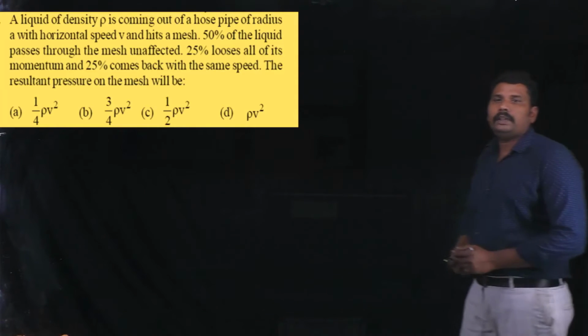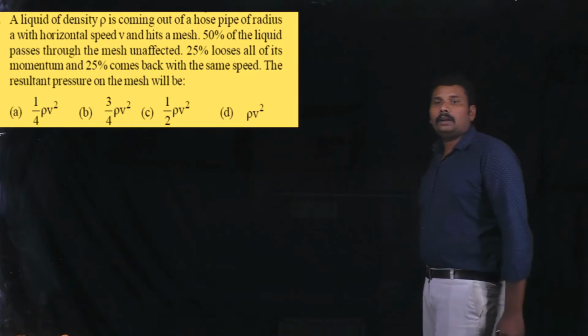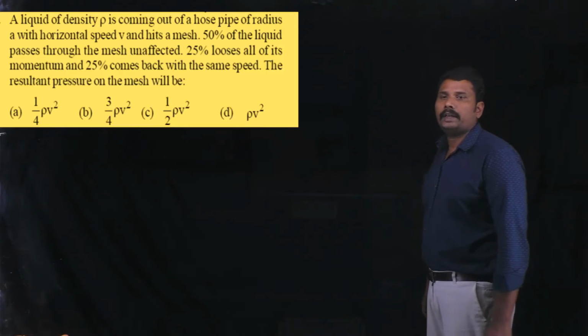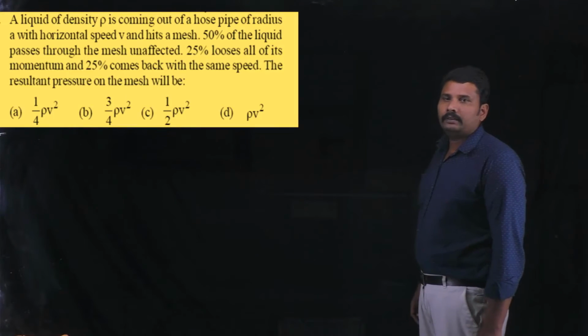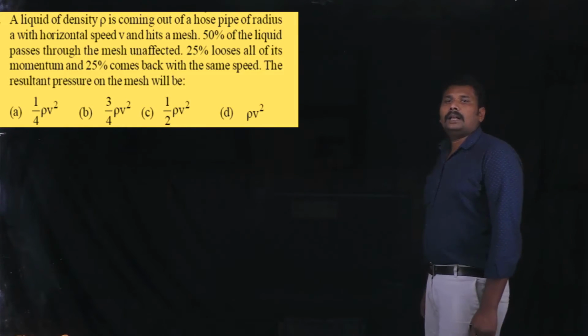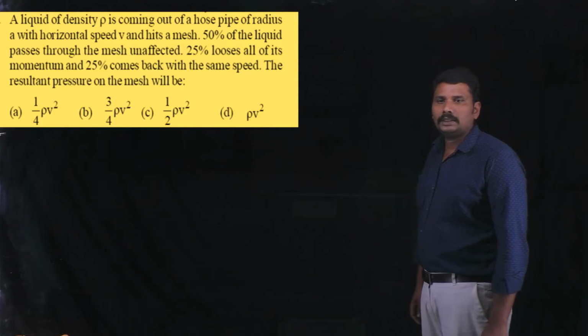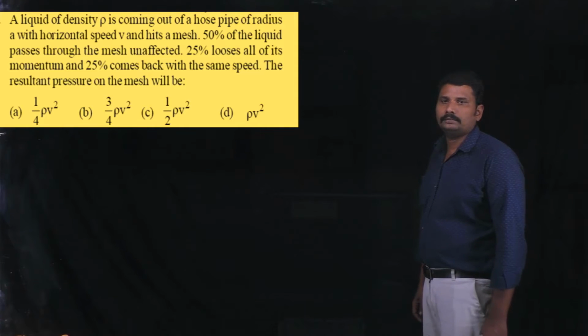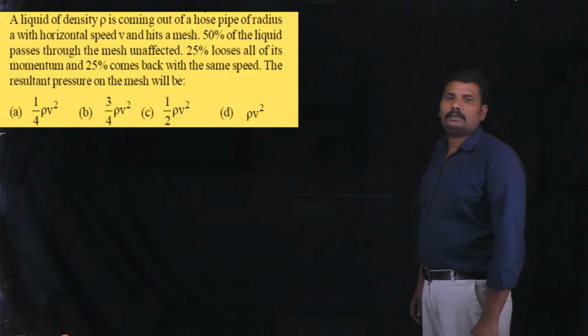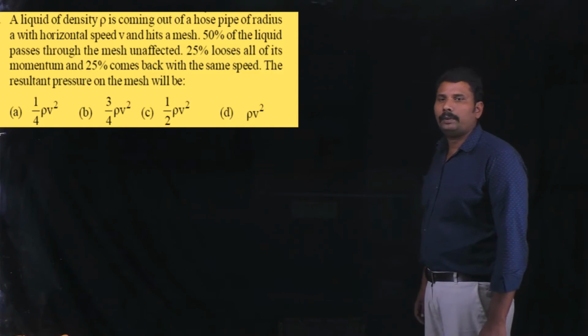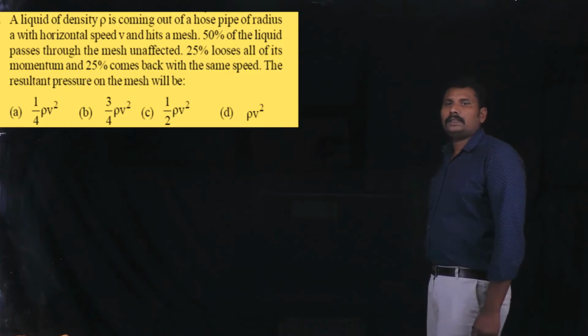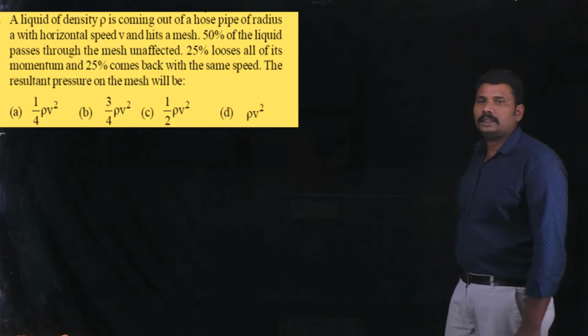A liquid of density rho is coming out of a hose pipe of radius small a with a horizontal speed v and hits a mesh. 50% of the liquid passes through the mesh unaffected, 25% of the liquid loses all of its momentum, and 25% comes back with the same speed.